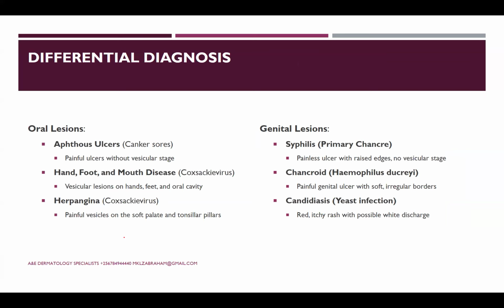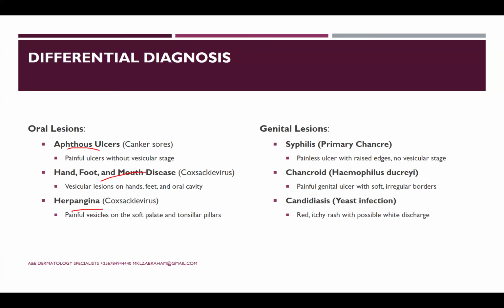So what are the differentials? Depending on the location of the rash, you can think about other things that can present the same. If the rash is in the oral cavity, we can think about aphthous ulcers. These are also usually recurrent, just like herpes infection. We can think about hand-foot-and-mouth disease, which is caused by the coxsackie virus.